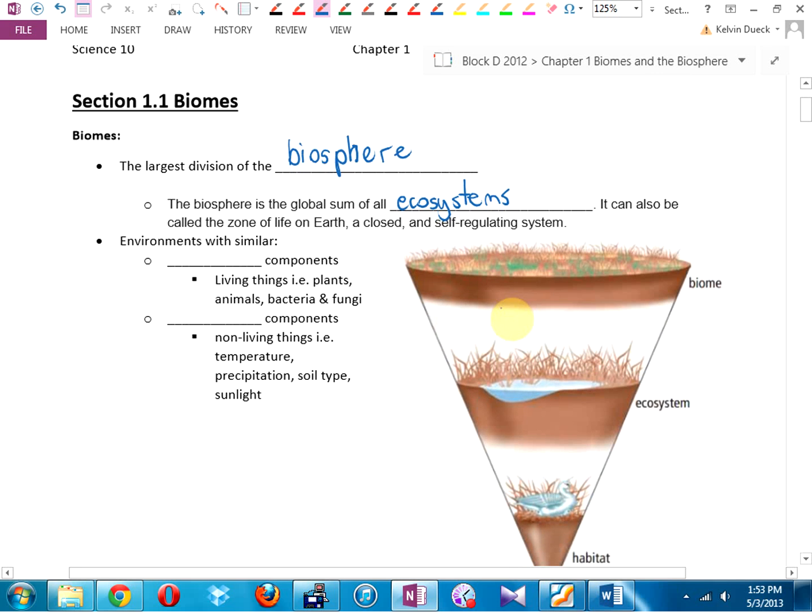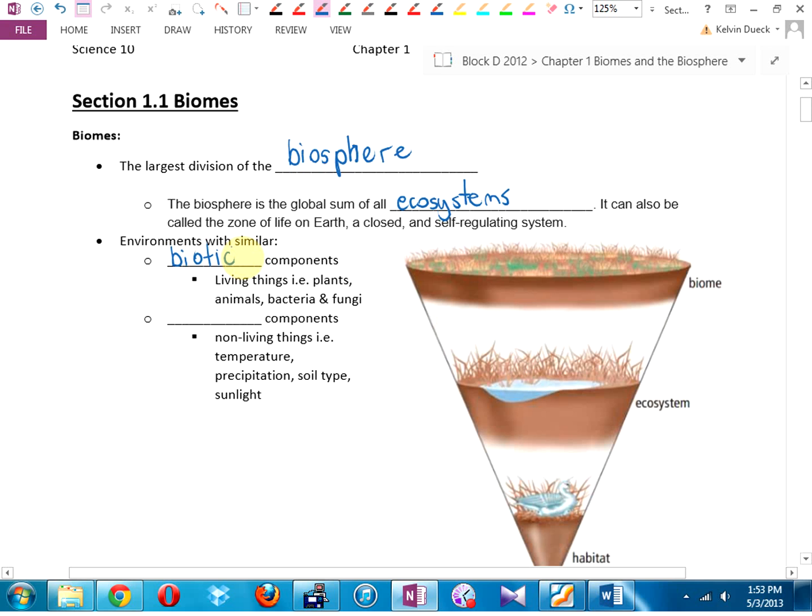So for us to break things into biomes, how do we do that? Well, we look for environments with similar biotic components, living things. Yeah, it's where the word biology comes from. So plants, animals, bacteria, and fungi. And then there are the opposite of biotic.